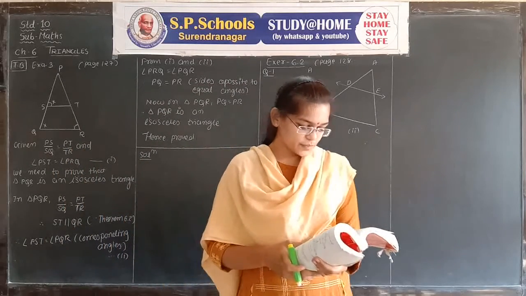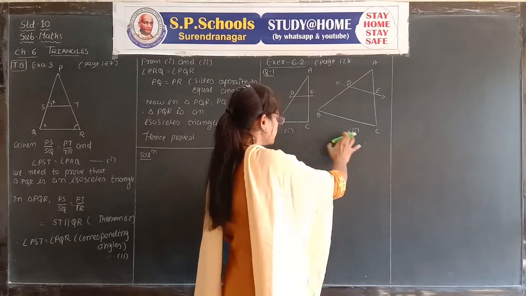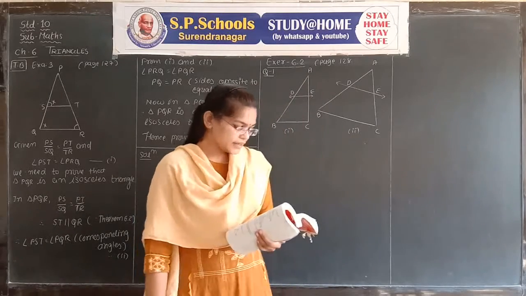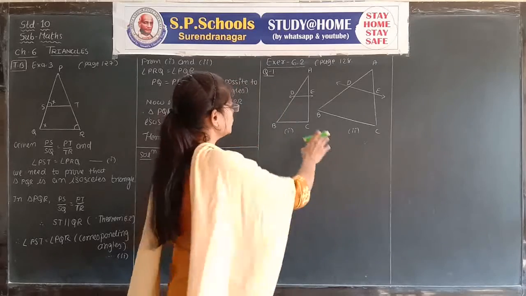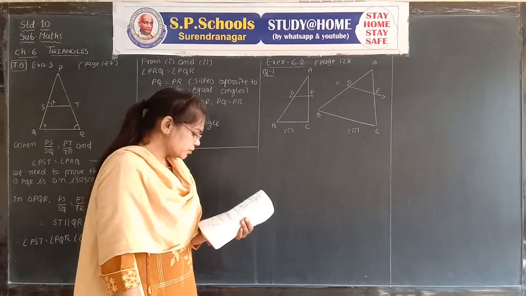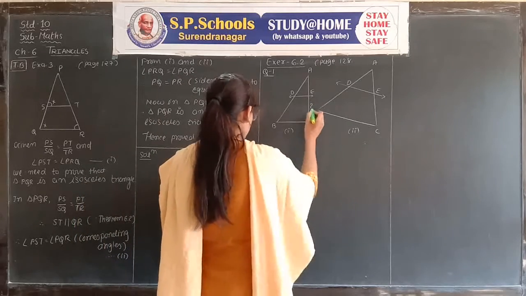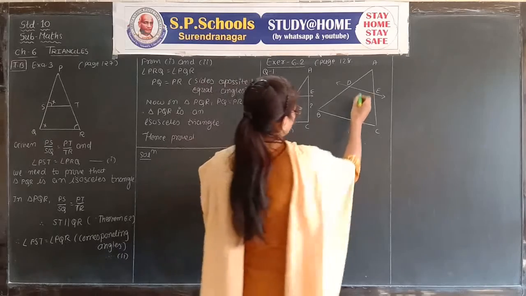In figure 6.17, two figures are given, figure 1 and figure 2. In both the figures, DE is parallel to BC. In the first one, find EC, EC is equal to question mark. In the second one, find AD.